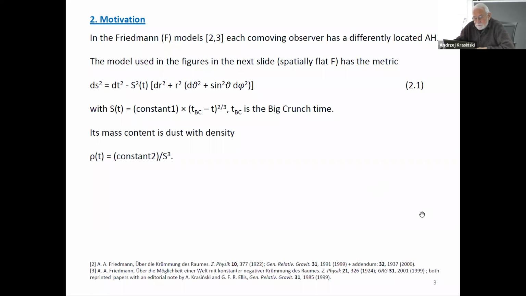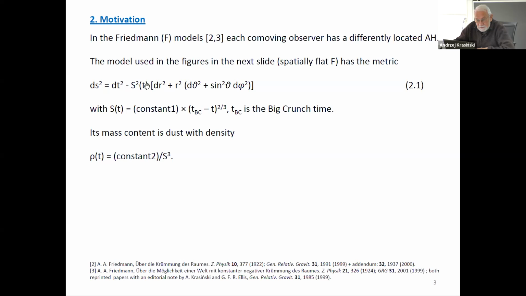Okay, so that was the definition, and now the motivation, why I started this research that I discuss now. In the Friedman models, each comoving observer has a differently located apparent horizon. I will show pictures in a moment. The model that is used in the pictures in the next slide is a spatially flat Friedman model, with the metric written here.